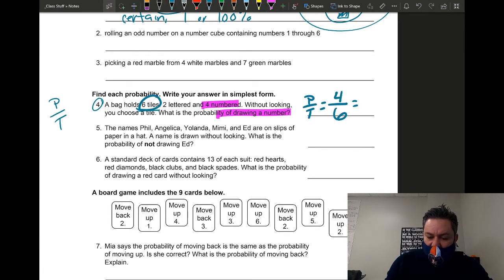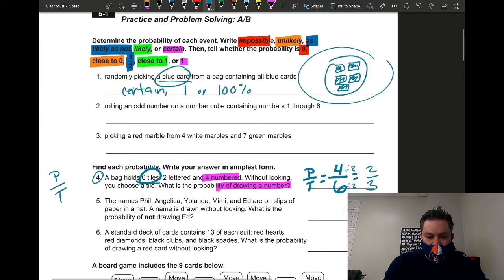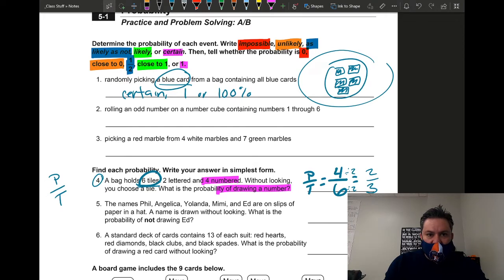I can go ahead and simplify that fraction. When I do that, 4 over 6, I can divide both of them by 2, and I get 2/3. That's the simplest form. If you were to put this in words, it would be likely, so more than half.